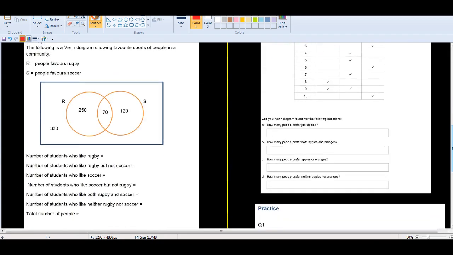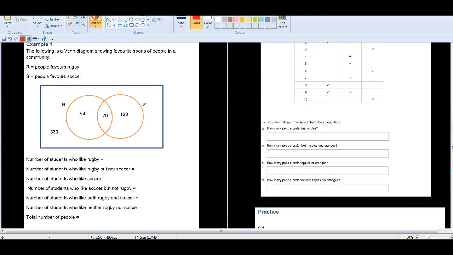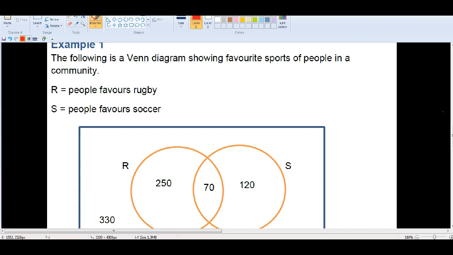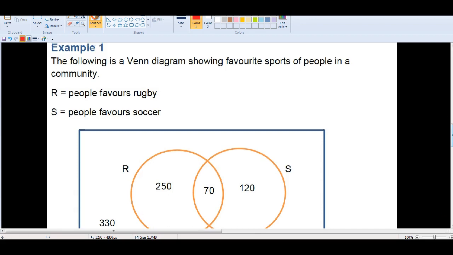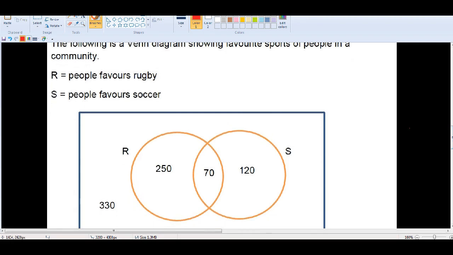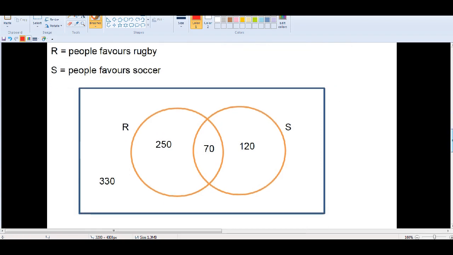Alright, let's move on to another one. This one is about favorite sports. Some people favor rugby, some people favor soccer. Of course, there will be some people who favor both rugby and soccer. And there will also be a group of people who like neither sport, who will be outside circle R and circle S in the Venn diagram.